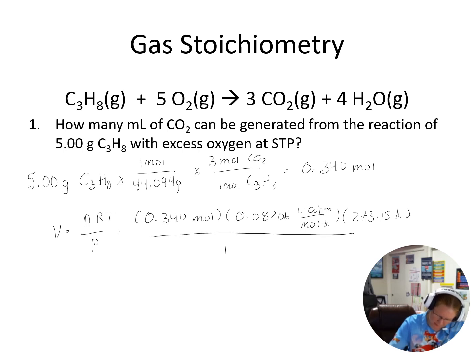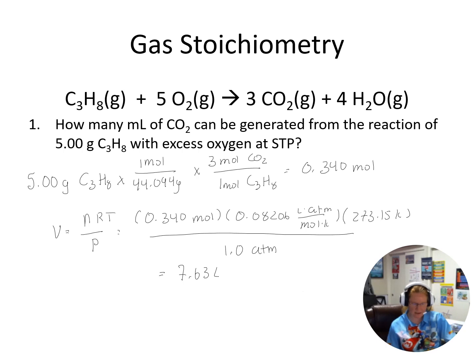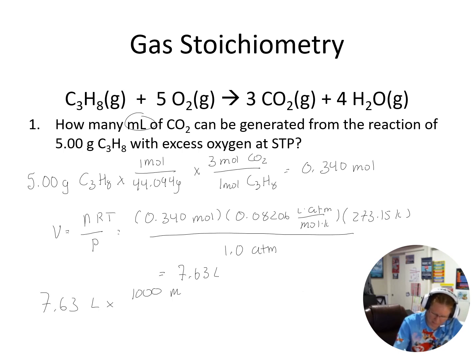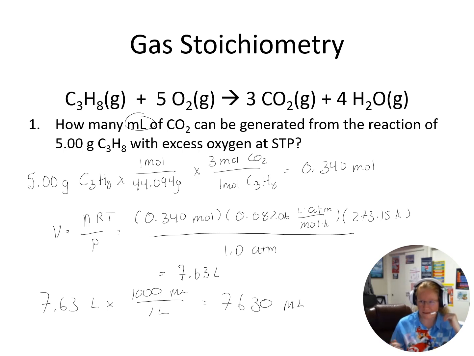I'm at STP, so I have 1.0 atmospheres. So I have a volume of 7.63 liters. Okay. My problem asked me for milliliters, so I'll take my 7.63 liters times 1,000 milliliters in 1 liter, and I'll get 7,630 milliliters.